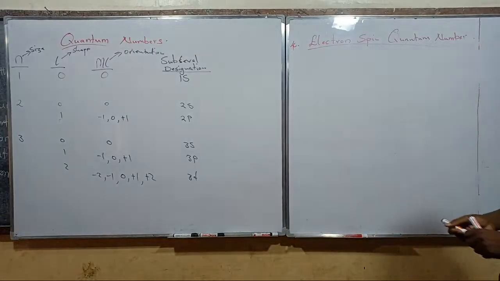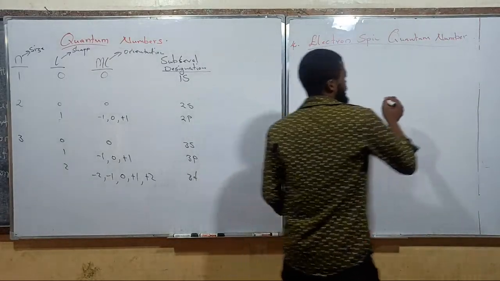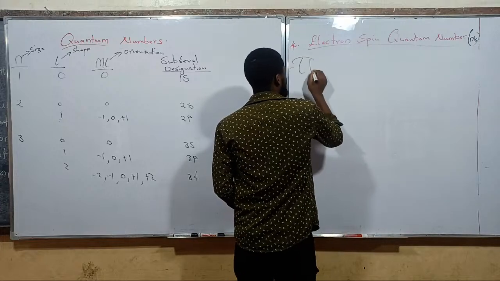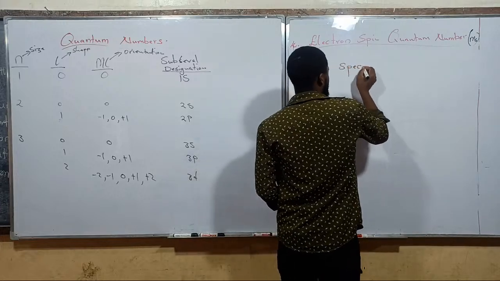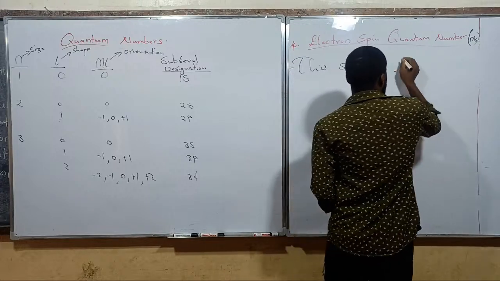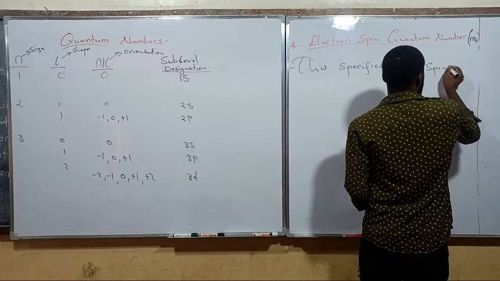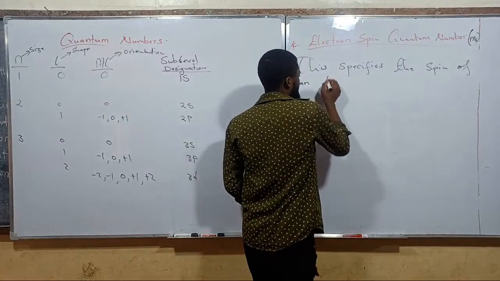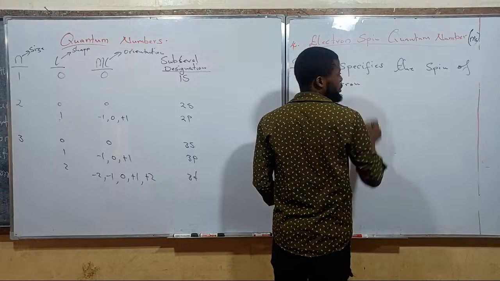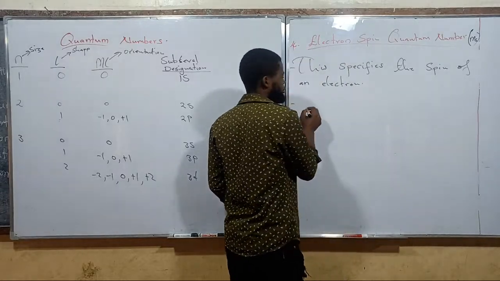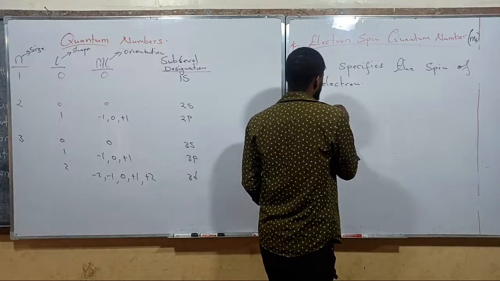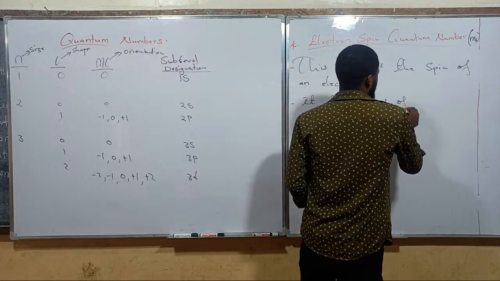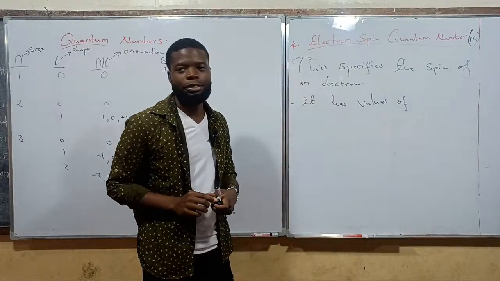It is denoted by ms. So the electron spin quantum number specifies the spin of an electron.